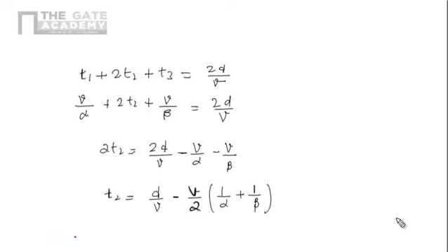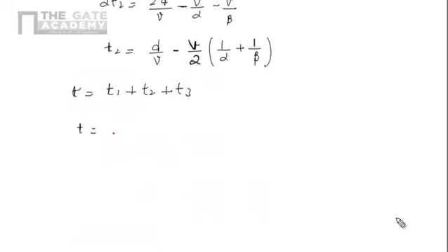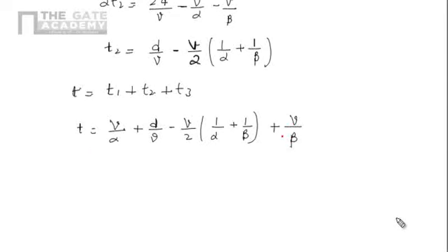The total time t will be t1 plus t2 plus t3. So t equals t1, which we know is v by alpha, plus t2, which is d by v minus v by 2 times 1 by alpha plus 1 by beta, plus t3, which we know is v by beta.